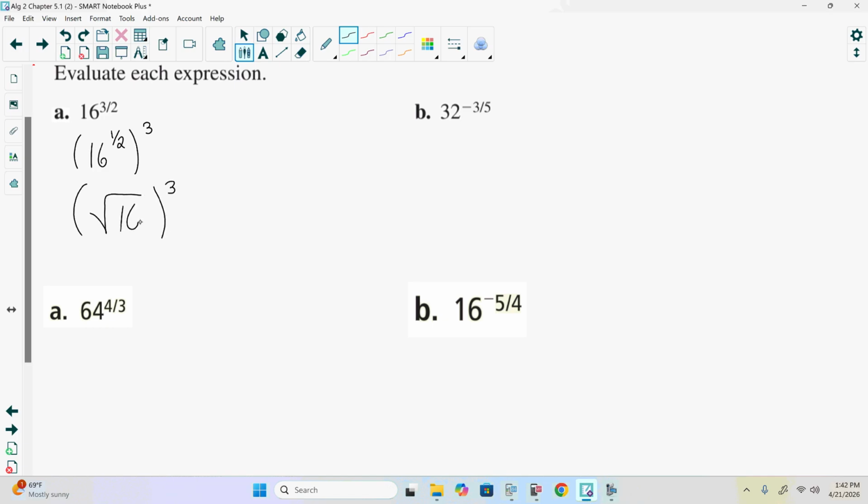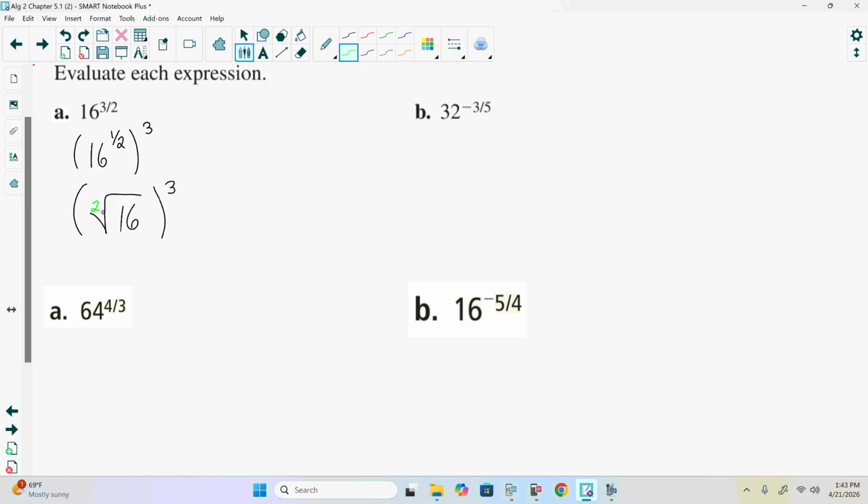So we'd have our radical, and that base, the number 16, would go inside the radical. The 1 on top of that fractional exponent would be attached to the 16, which would tell us that inside the radical we have 16 to the first, or just 16. The 2 on bottom would go into the index.